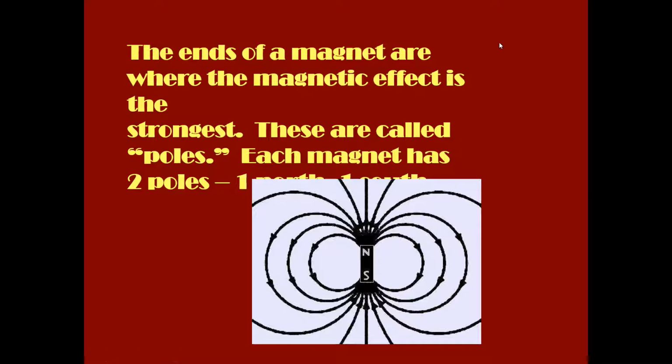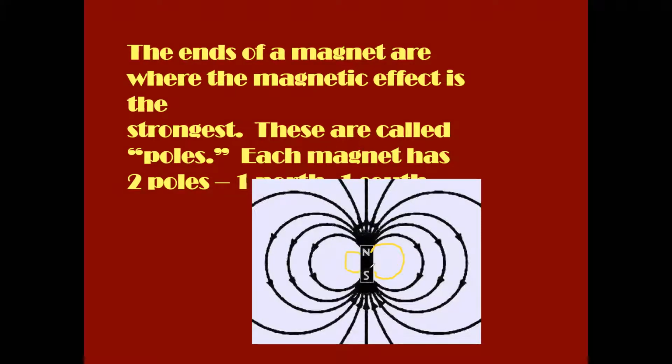There will be magnetic lines at this point also, like this and this, but the effect of the magnetic field is the strongest at the edges or the ends of a magnet.